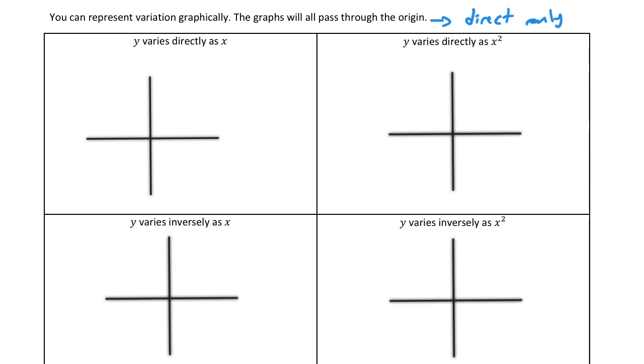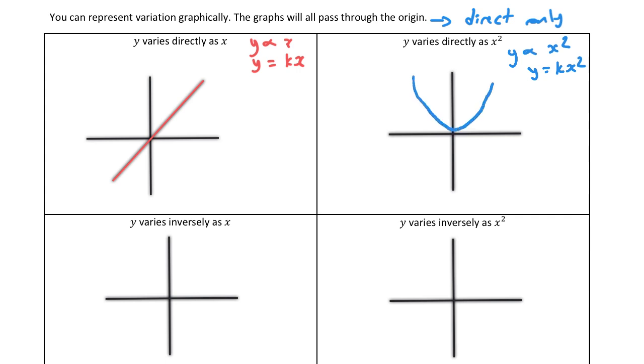So we've got a graph of y proportional to x, so y equals kx, and the graph of y equals kx is a straight line passing through the origin, and that looks something like that. If y varies directly as x squared, what we've got is y is proportional to x squared, so y equals kx squared, and the kx squared graph is a positive quadratic, so it's a smiley shape.